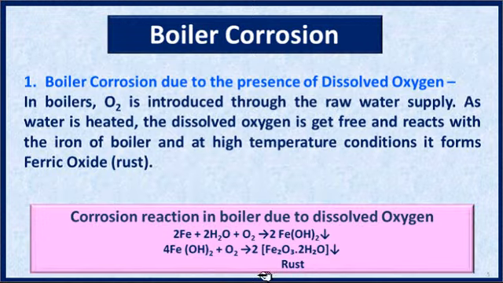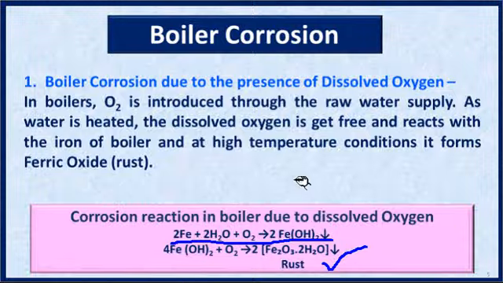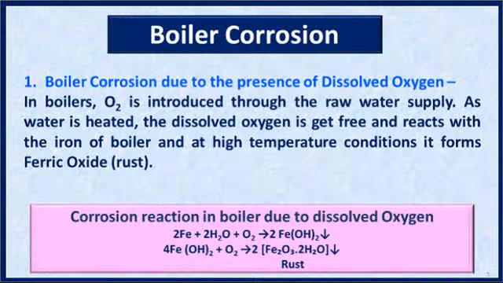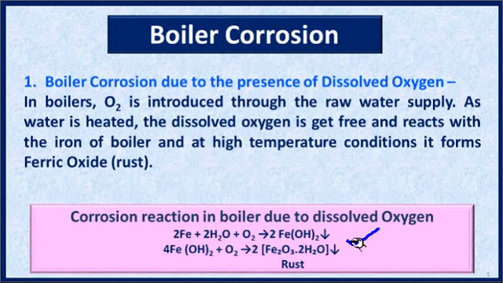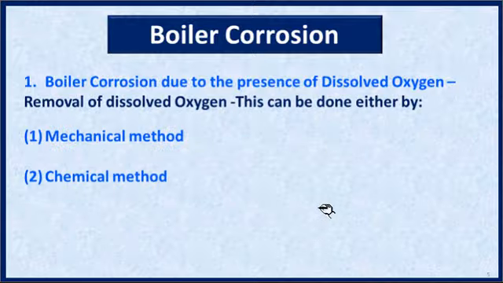Now this free oxygen reacts with the iron of the boiler material at high temperature and ultimately forms iron rust. In this way the dissolved oxygen, which is freed at higher temperature, slowly dissolves the iron of the boiler material and converts it into iron rust. So in this way the oxygen causes boiler corrosion.